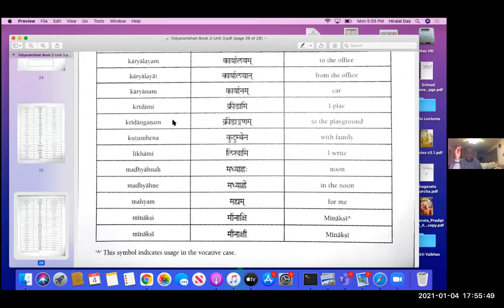Naomi, Ila. Okay. Kridanganam, to the playground. Kutumbena, with family.